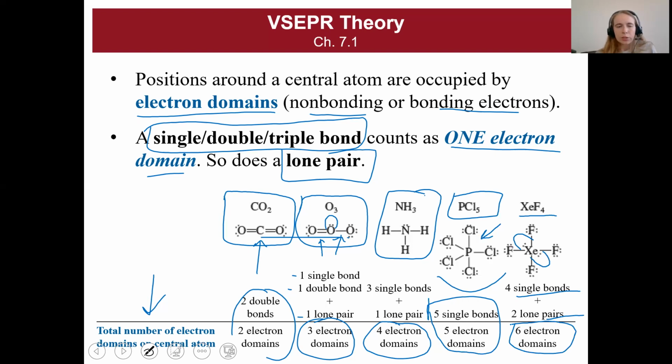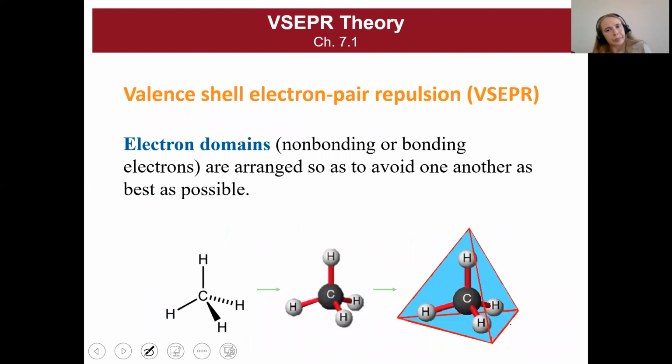Once again, just keep in mind, it doesn't matter what kind of bond it is, single, double, or triple bond, if there's one bond, no matter what kind, it counts as 1 electron domain. A different bond in the same molecule counts as another electron domain. So the number of bonds and lone pairs all added up gives us the number of electron domains.